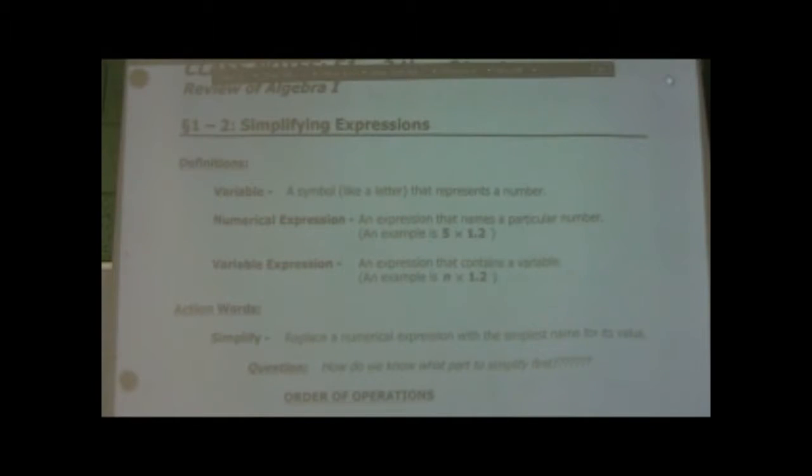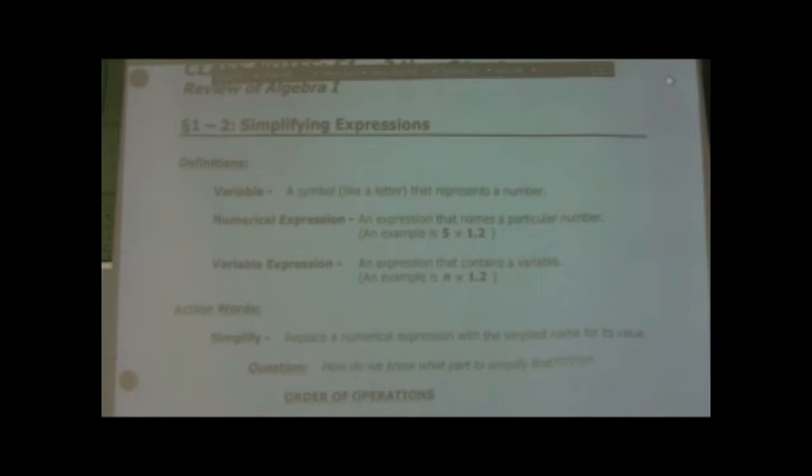In other words, take a large numerical expression and simplify it to one number. You may think that this is synonymous with the word reduce. It is not the same as telling me what X is. That action word is called solve. So simplify means to take whatever you have, which may be very complex, and make it as small as possible.